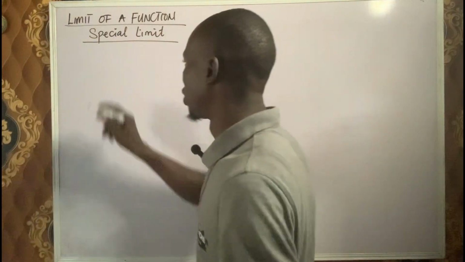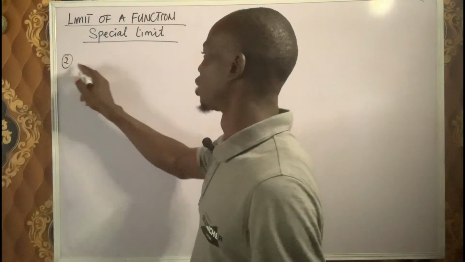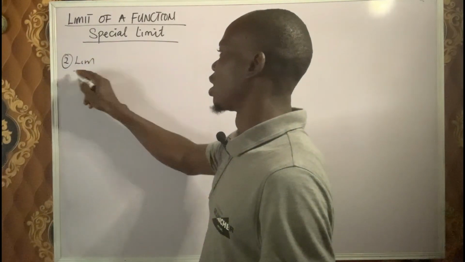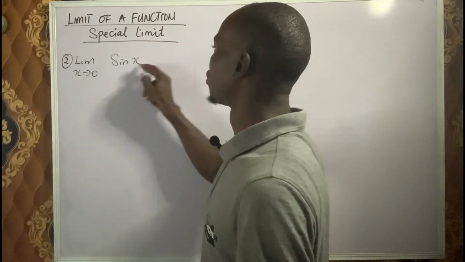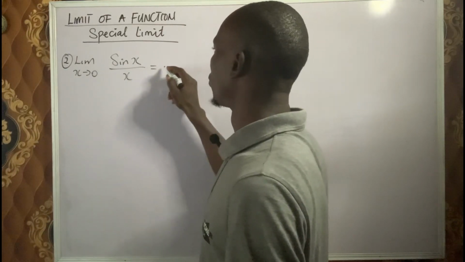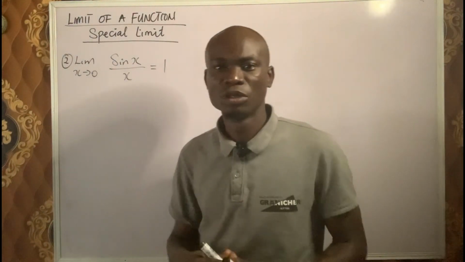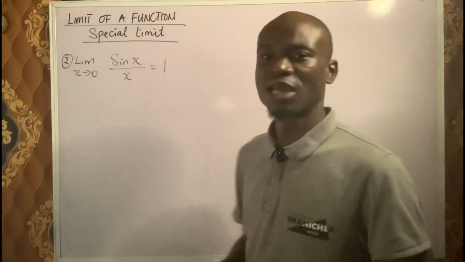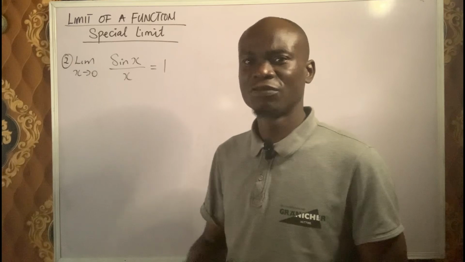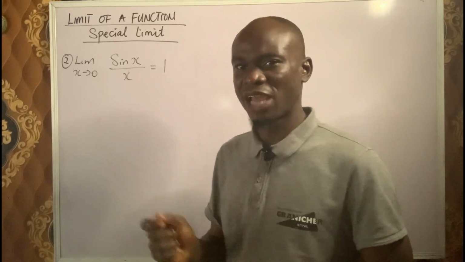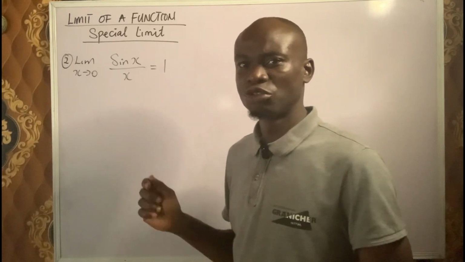So the first one we are looking at today, which is special limit number 2, is limit as x tends to 0 of sine x over x is equal to 1. What that simply means is that anytime we see x tending to 0 in a limit and we have the trigonometric function of sine, we can apply this rule to it.